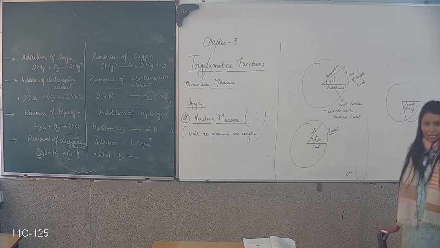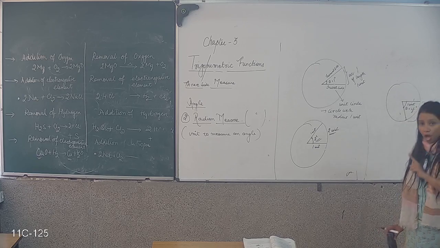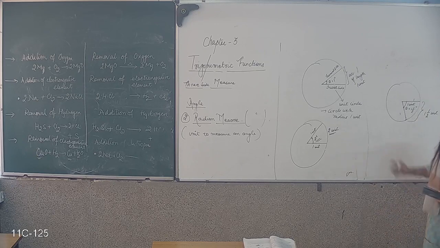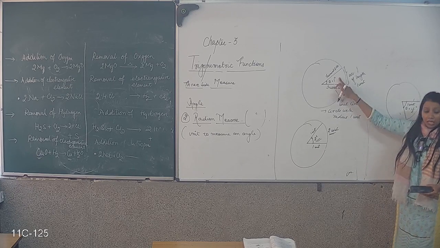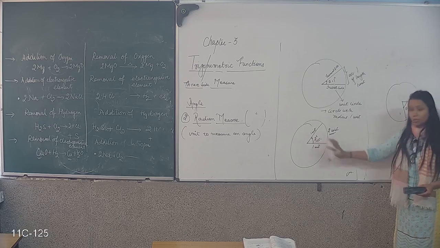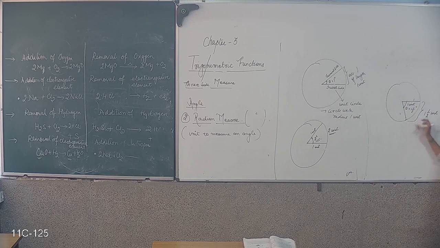So this needs to be kept in mind: to define the radian measure, it is an angle subtended by an arc of unit length in a unit circle. Then we say that the angle is 1 radian. Here if the arc length is 2 units, then it will be 2 radian. If it is clockwise, it will be minus 1 by 2, because in clockwise direction it is the negative sign.